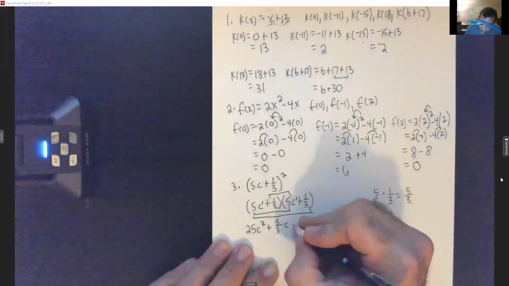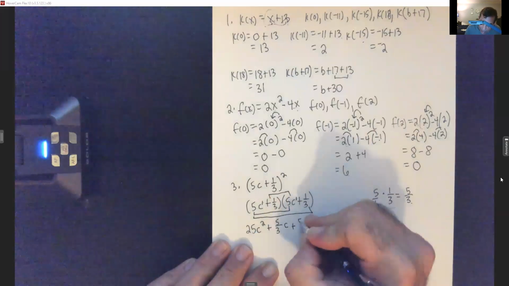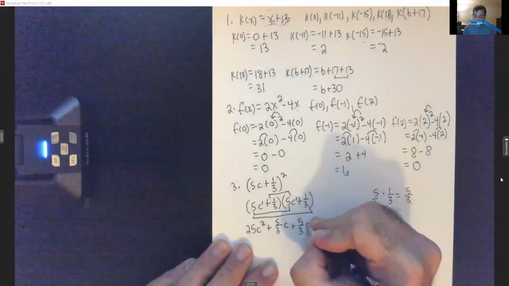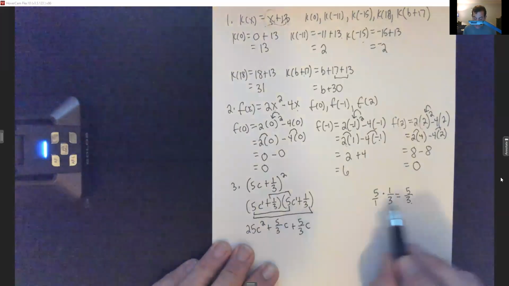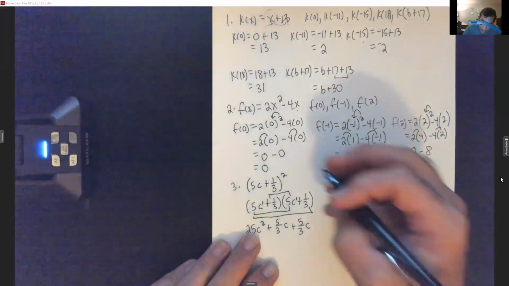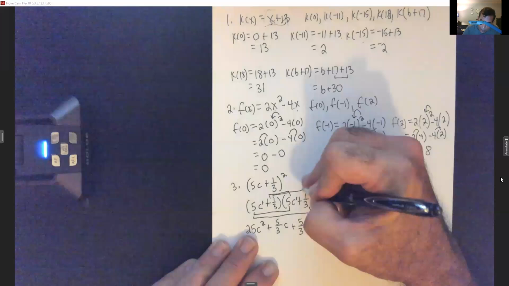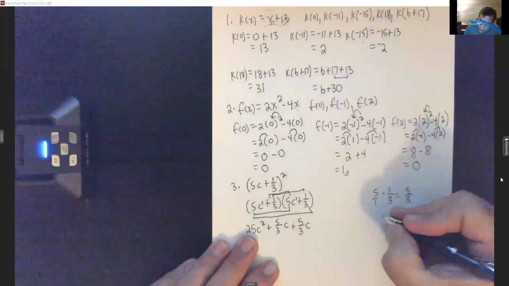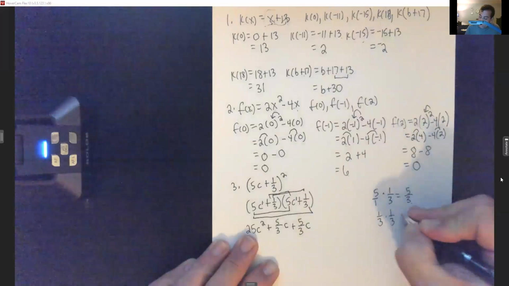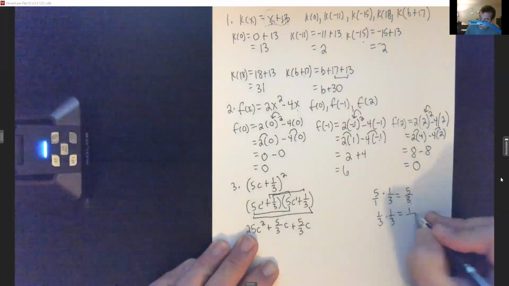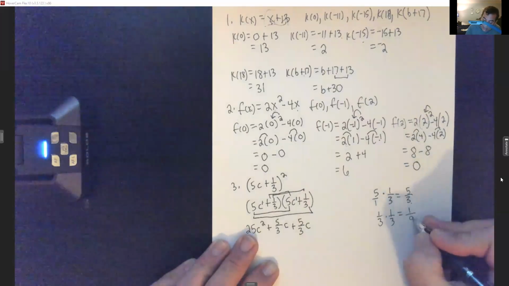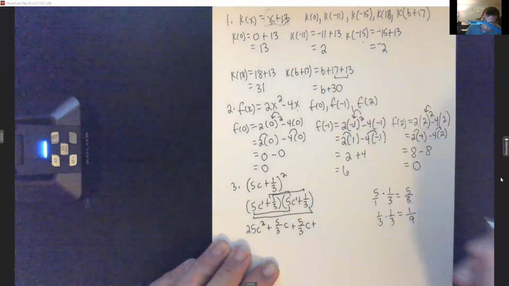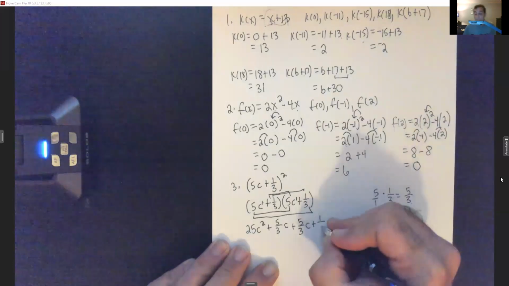Well, that's going to give me the same thing. It's going to give me a 5/3 c. Okay, 5 over 1 times 1/3 is the same thing. Now the trick is that 1/3 times that 1/3. So when you multiply 1/3 times 1/3, 1 times 1 is 1, 3 times 3 is 9. So that gives me plus a 1 over 9.